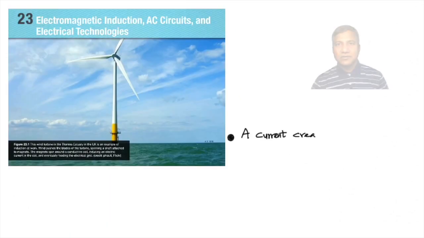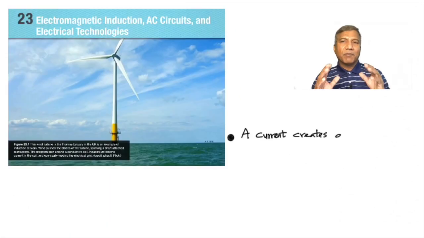So we know that whenever a current flows through a conductor, a magnetic field is produced around it. So a current always produces a magnetic field. Now in this chapter, we're going to see that a changing magnetic field produces a current. A changing magnetic field producing a current is called electromagnetic induction.